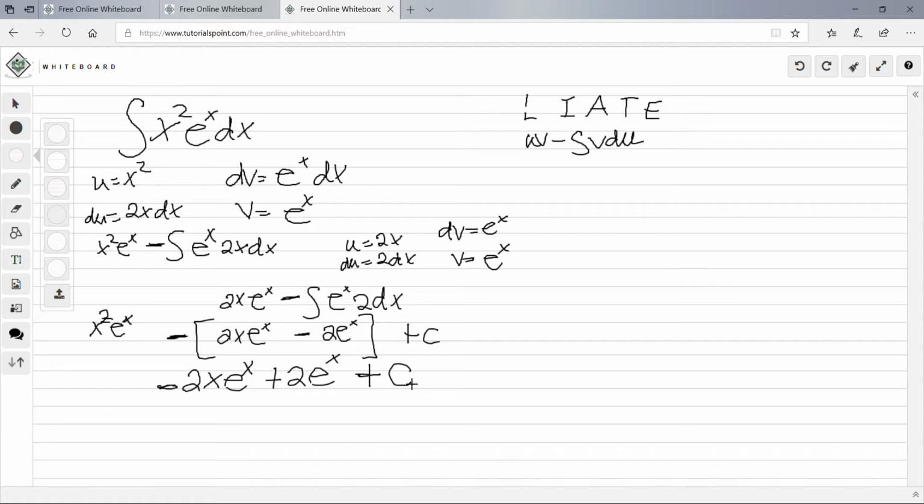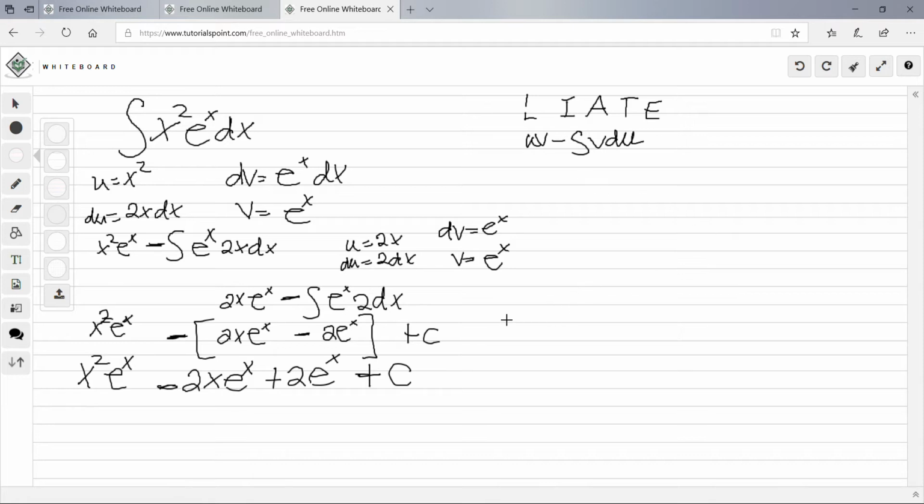And then bring down this x squared times e to the x, so we have x squared e^x minus 2x times e^x plus 2e to the x plus c. Can we factor out anything? We can. We could factor out an e^x.